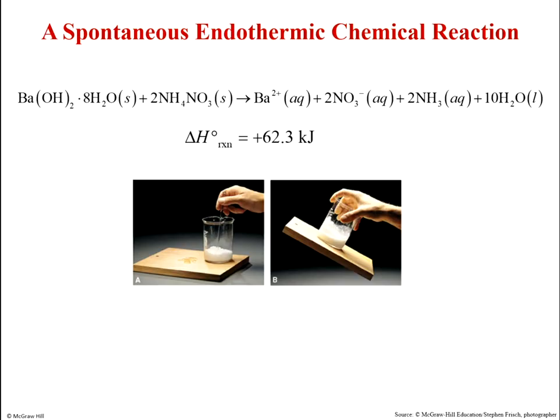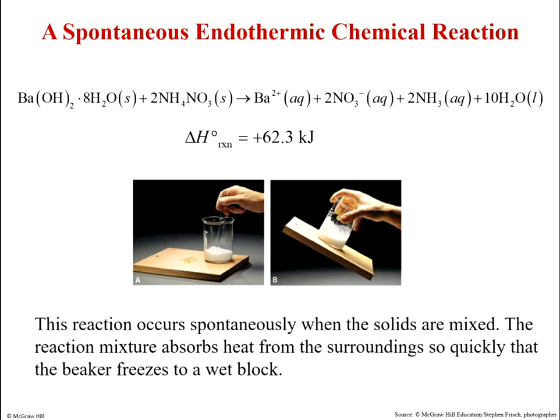If we take barium hydroxide octahydrate and react it with ammonium nitrate, we have an acid-base reaction where the base barium hydroxide reacts with the acidic ammonium ion, and the reaction overall is endothermic by 62.3 kilojoules for the reaction as written. The reaction is so endothermic that if you carry out the reaction on a wet board, the board will freeze to the beaker because of all the energy absorption by the reaction.